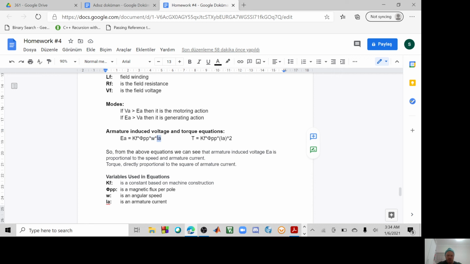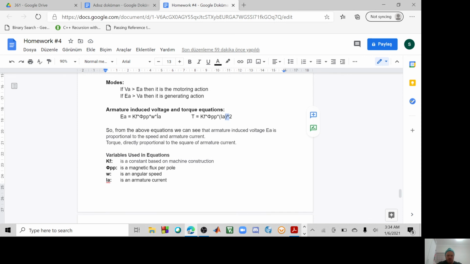What about the second equation? Torque is directly proportional to the square of the armature current. You can see from here. And here I have written the variables used in the equations, namely the constant depending on machine construction, magnetic flux per pole, angular speed, and the armature current.